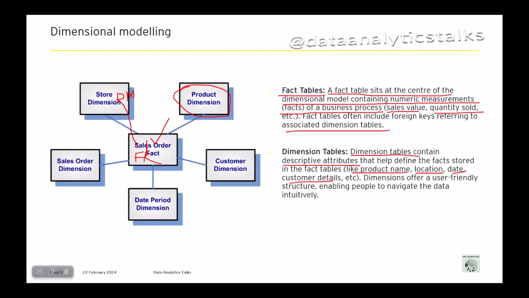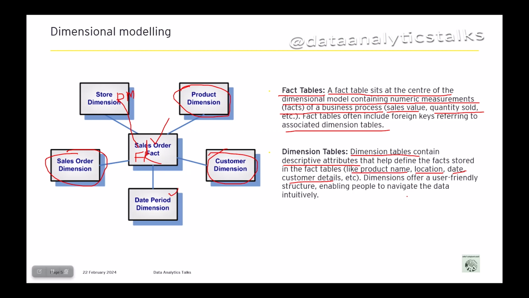So here in the product table, we will have product ID and product description, product location and all. Then here we have the sales order. It carries who is the customer and the quantity. All those things are carried in the sales order. Then we have the data like the day, month, quarter, year, and so on in the date period. And we have the customer information in the customer dimension table.